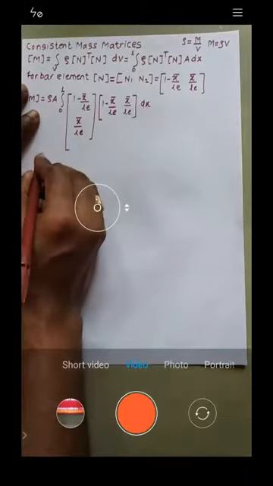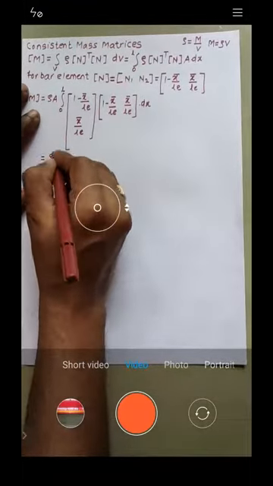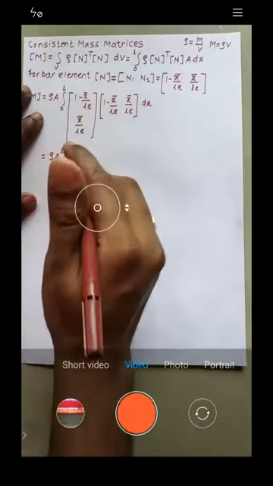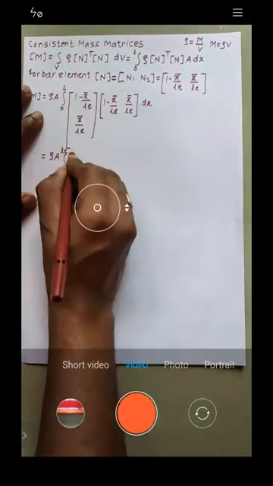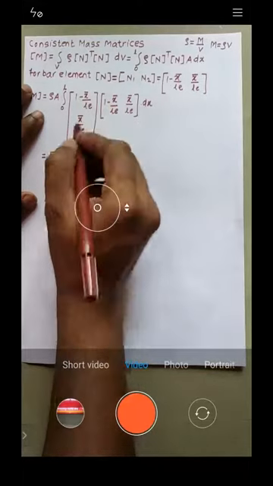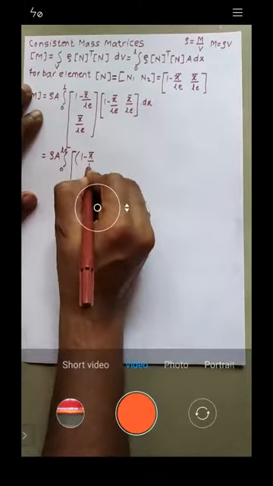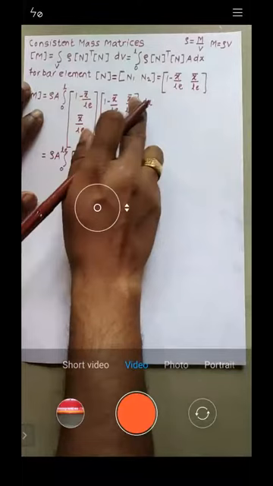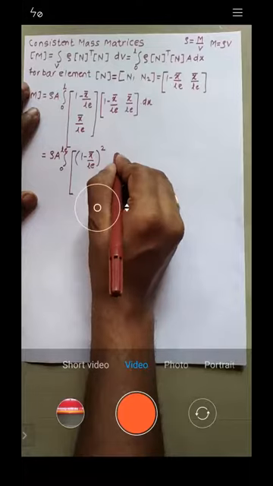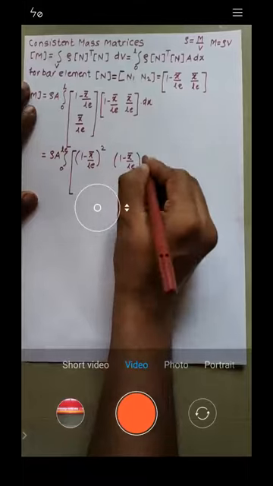So what we'll do, we'll put those values, rho into A, 0 to LE, right? Now we need to multiply it, this row into this column. So I will do it. 1 minus x bar by LE into 1 minus x bar by LE, so you'll get 1 minus x bar by LE, whole square. Next, this into this, you'll get 1 minus x bar by LE into x bar by LE.